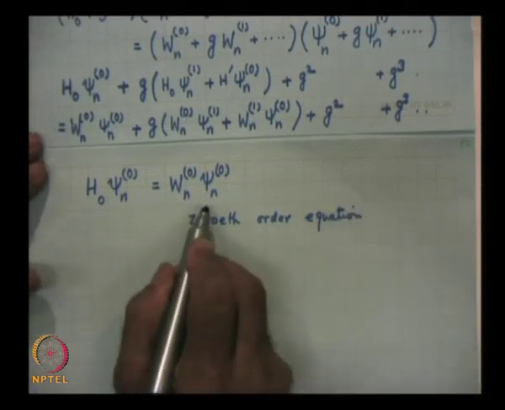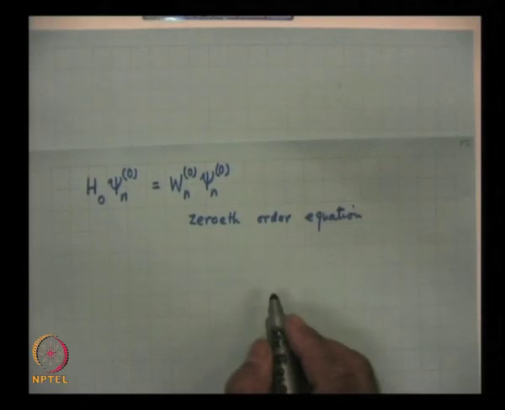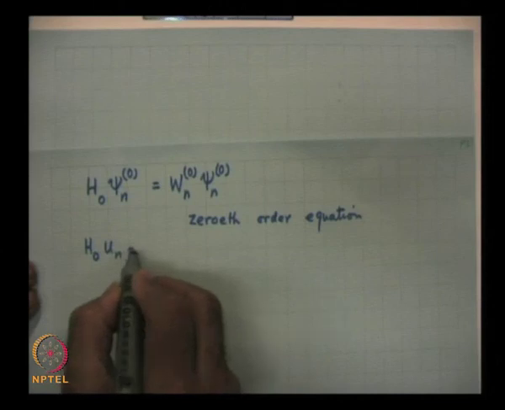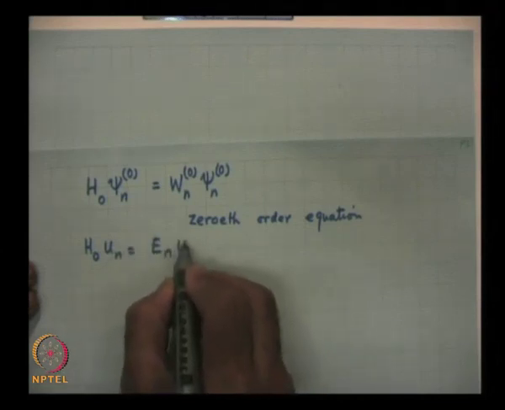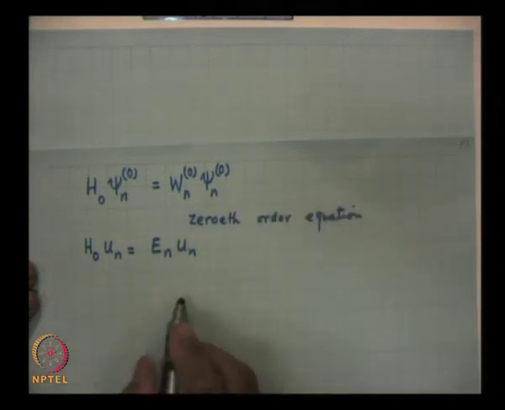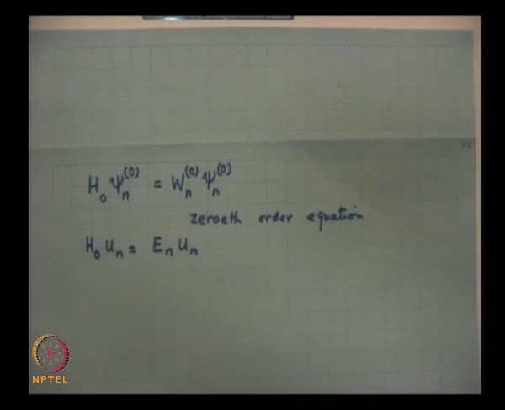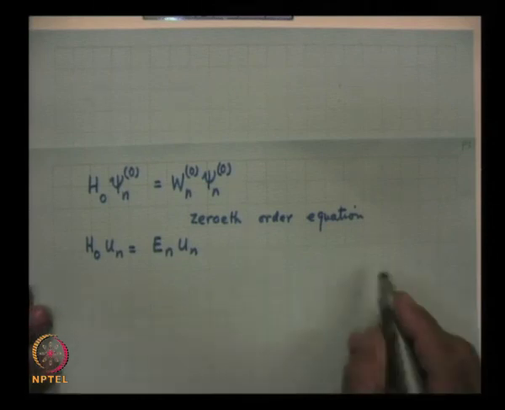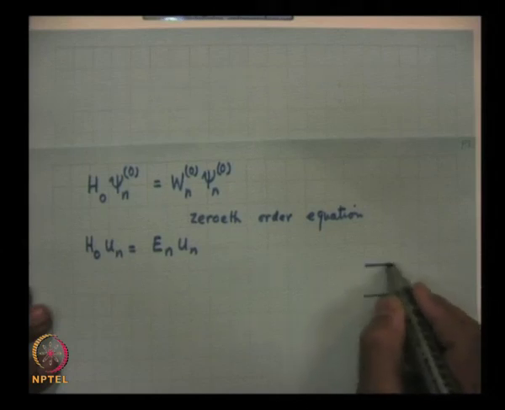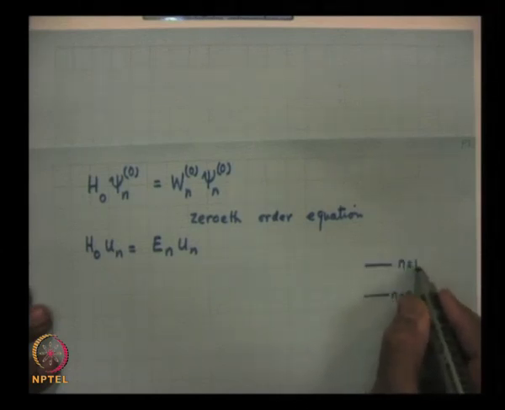This is the same eigenvalue equation as for H naught, because for H naught we wrote H naught u n is equal to E n u n. Therefore, we first consider non-degenerate states, and I will tell you the difficulty that we encounter when we consider degenerate states. So, n is equal to 0, then n is equal to 1 and so on.